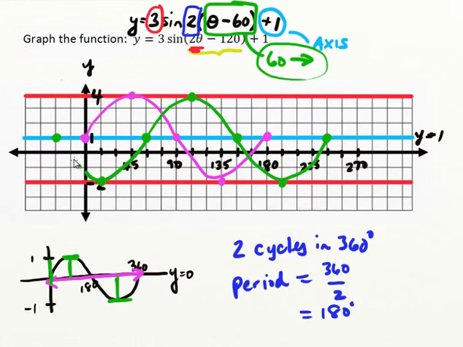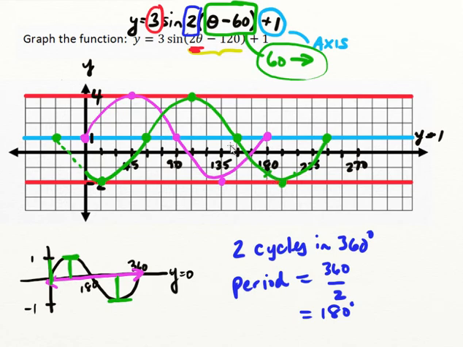And I could continue on and draw it to there. But essentially, if you were drawing this in light pencil, you could just erase this part here. There's a cycle going up, and then one complete cycle would get it right back to where it was, which is right about there, and then you could erase this little bit at the end. Or take a highlighter and just highlight from 0 all the way until you get to 180, which would be right there, and then you have one complete cycle, because your period was 180.